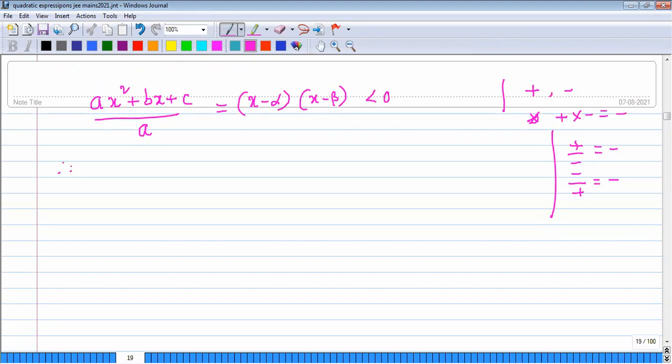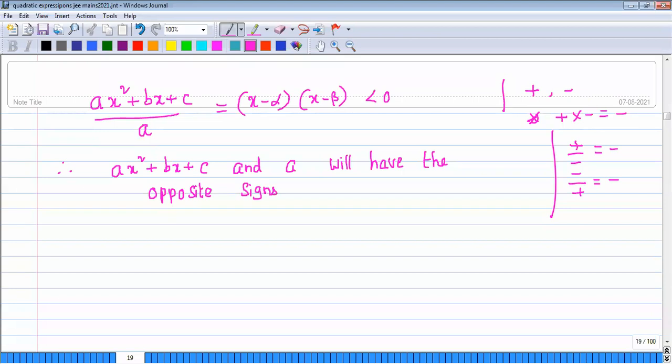Therefore, ax square plus bx plus c and a will have the opposite signs. The first one is completed.